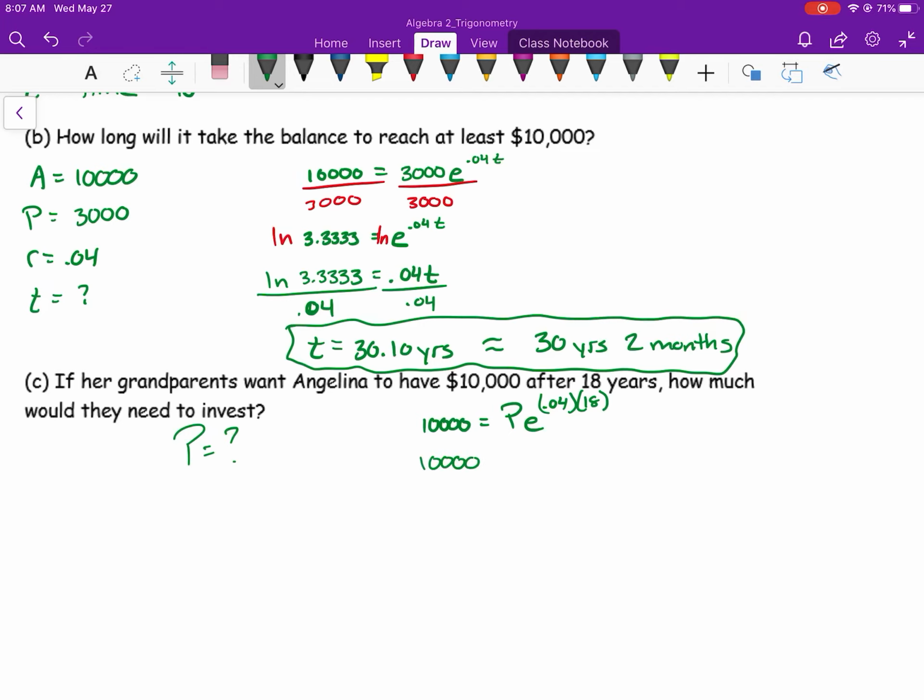So let's solve this. 10,000 equals P e to the 0.04 times 18, which is 0.72. And e is a number, so I can just divide by e to the 0.72 power.